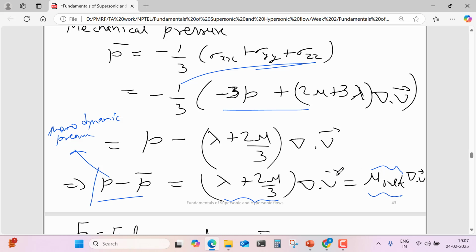Generally for many materials, this mu bulk is equal to 0, but it is not so for every material. So P is equal to P bar, or lambda equal to minus 2 mu by 3.